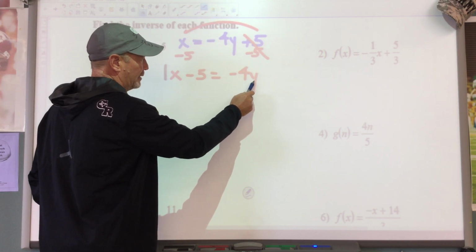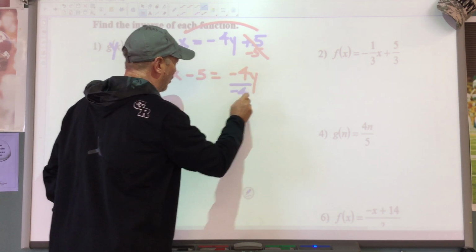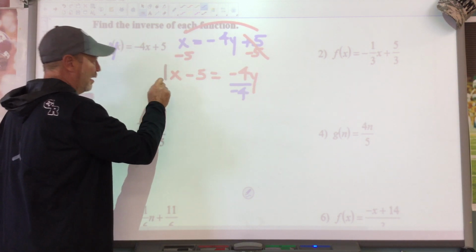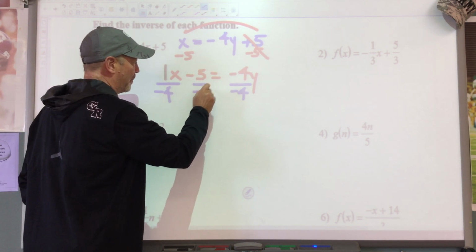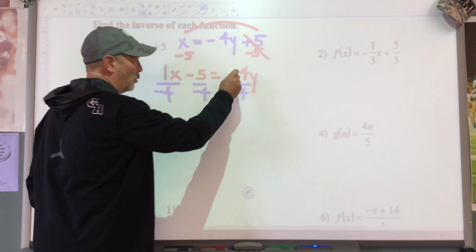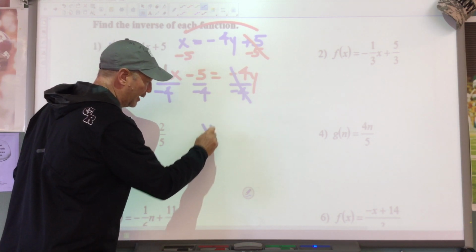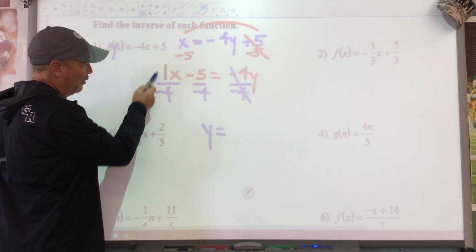We want to get y by itself. To get y by itself, we're going to divide by negative 4. But we're going to divide everyone. Every term gets divided by negative 4. This will cancel. That's going to leave me with y equals negative 1/4 x.